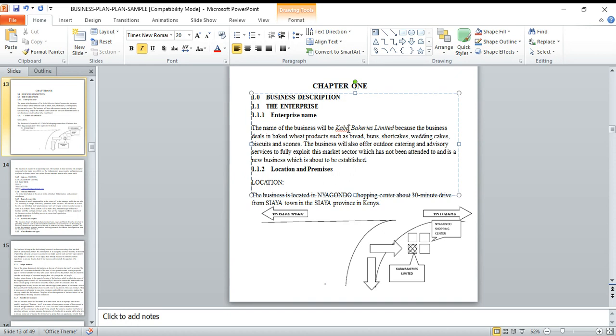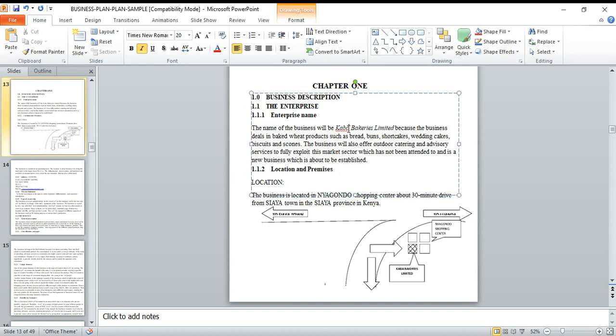Kaba Bakeries Limited, at some point, especially where you want to seek financing, you might need to justify why you chose the name. That's why I'm saying it's important that you choose a name that is quite related to the products you're offering. Because when you're justifying, that's why it makes sense.